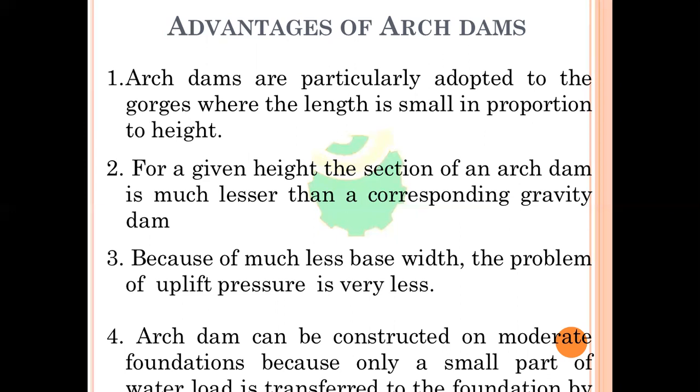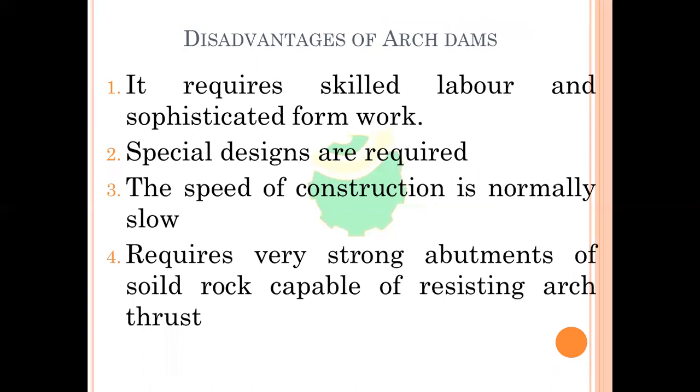Because of the much smaller base width, the problem of uplift pressure is very small. An arc dam can be constructed on moderate foundations because only a small part of the water load is transferred to the foundation.